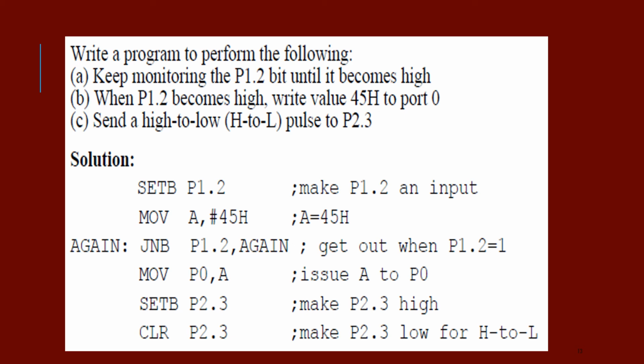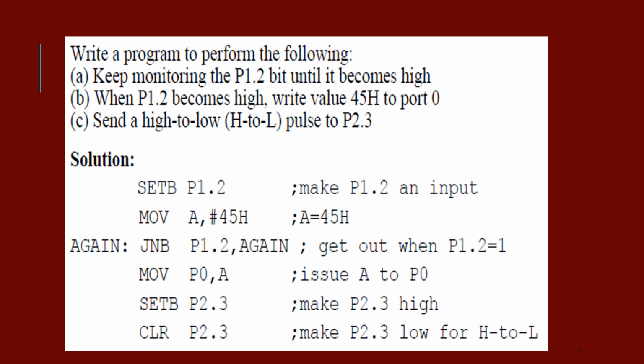Now see here, first thing, SETB P1.2, make P1.2 an input. Then MOV A, #45, so now the accumulator contains 45. JB P1.2, again, get out when P1.2 is equal to 1.